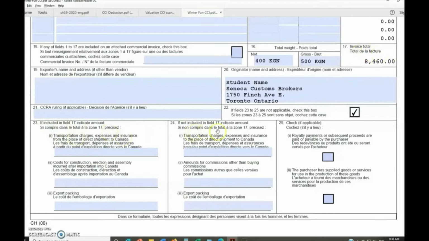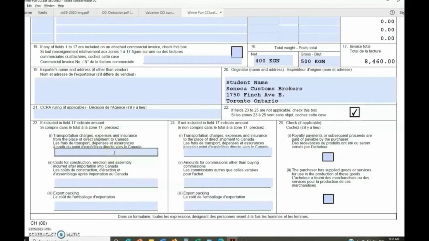And you'll notice all this talks about field 17. If included in field 17, indicate amount of transportation charges, expenses, and insurance from the place of direct shipment to Canada. What this means is, if included in this price, there is a transportation charge, we need to put the amount down here.